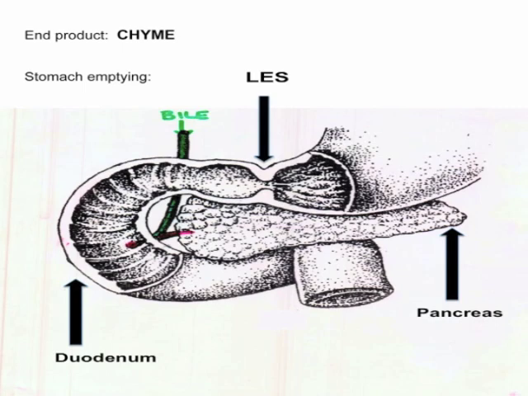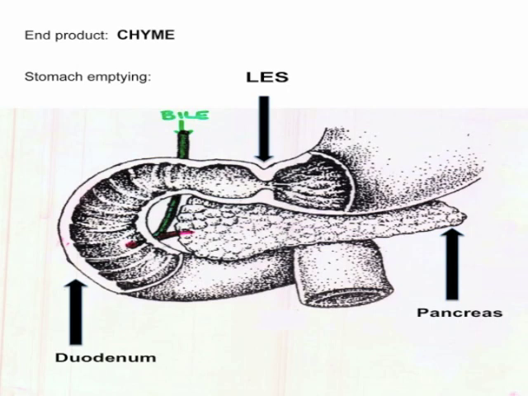Once the food has been digested in the stomach, we end up with chyme, or a very liquid-like substance which contains predigested food and our stomach secretions. The stomach will empty into the first part of the small intestine, which is the duodenum.